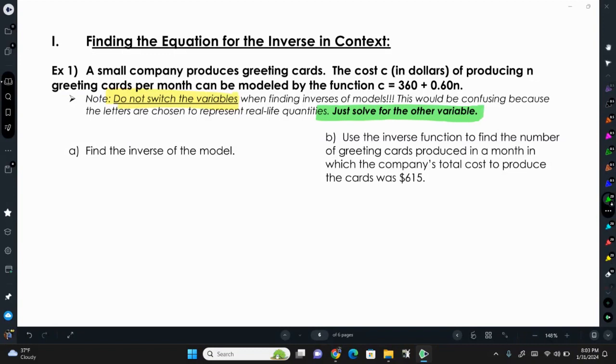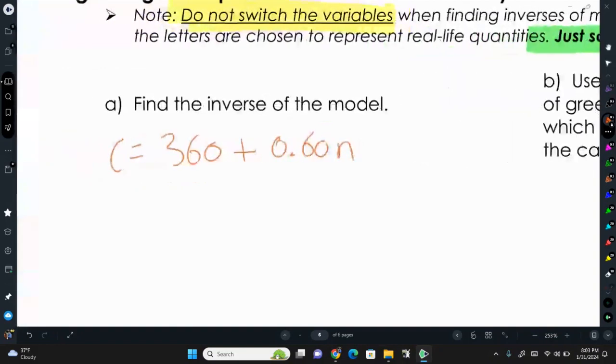So a small company produces greeting cards. The cost, C in dollars, of producing n greeting cards per month can be modeled by the function C equals 360 plus 0.60n. So for the inverse model, instead of switching where the variables are, we're going to do algebra to get n by itself. So we're going to subtract 360 from both sides.